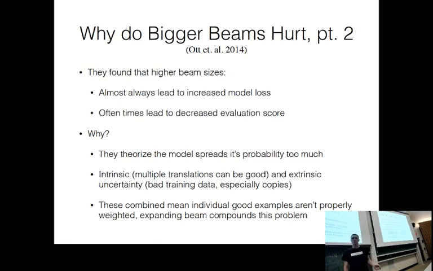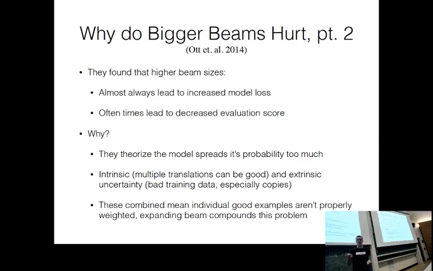But if you have an external reward, such as BLEU in machine translation, I think they used machine translation examples here, this will oftentimes lead to decreased score. And their theoretical reason behind that was they thought that the model was spreading its probability mass too evenly across all of the examples. And because of that, as you increase the beam size, you're going to see more and more marginal translations that have artificially high probabilities that the model is going to like and choose with beam search. And that's going to be what decreases the final score.